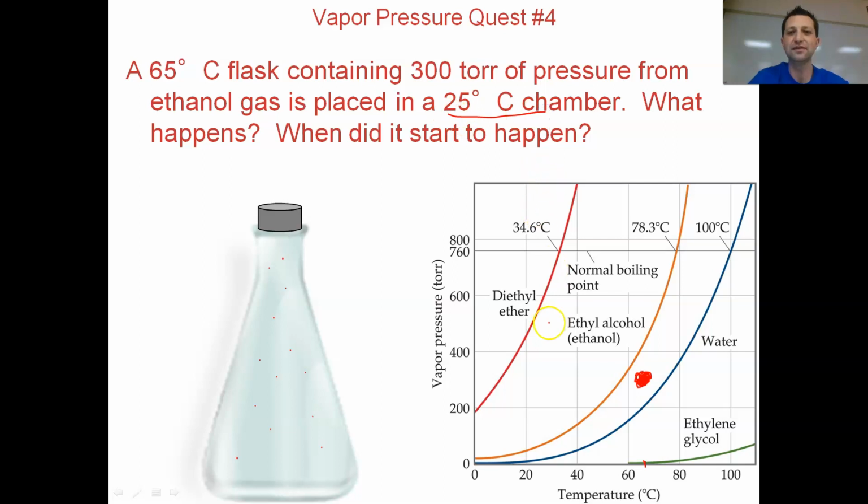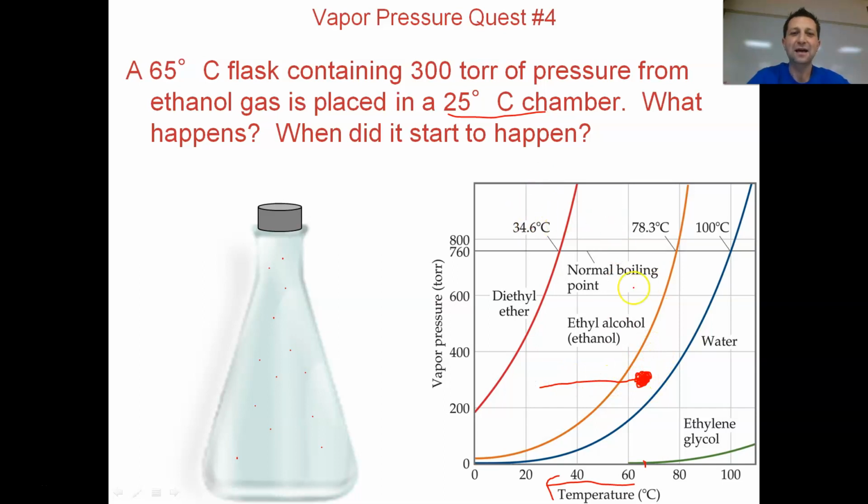Okay, what happens here? The temperature is going to decrease, right? So let's take where I am on this point and move to the left as I make my temperature lower, toward 25 Celsius. So I'm cooling it, I'm cooling it, I'm cooling it. I eventually cool it off to 25 Celsius, right?